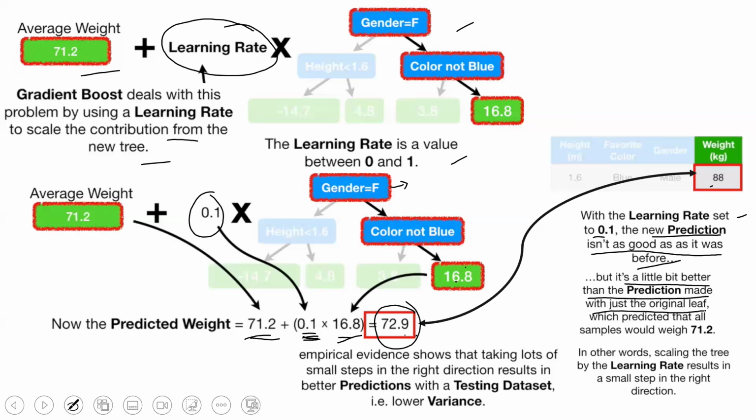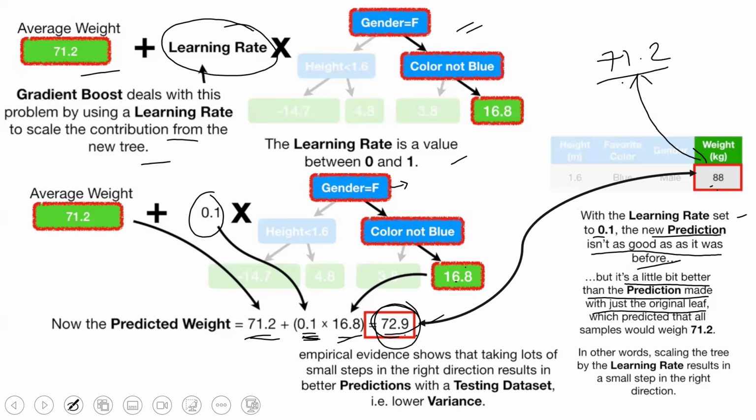So the main goal for us is this: the initial prediction that we made with the average is 71.2. We need to reduce the difference between these two by constructing more and more trees using the bagging technique that we have discussed. After constructing the second tree, we reduced the difference. So now the new value is 72.9, which is much closer to 88 than 71.2.